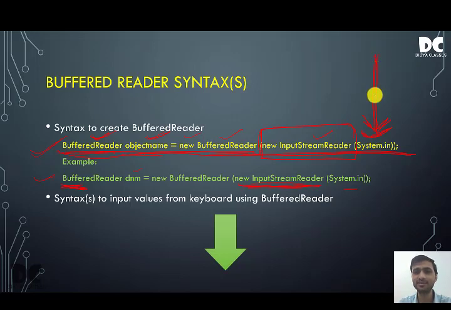When the Java compiler sees System.in, it will connect the keyboard with the variable, which in this example is DNM. The object name is a type of variable name only. It has connected the keyboard with DNM. The System.in work is over.